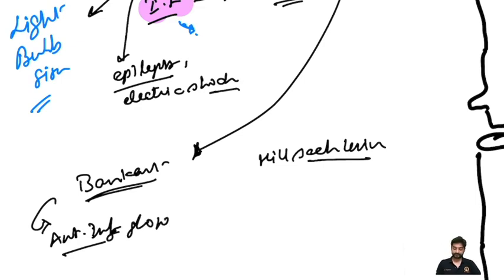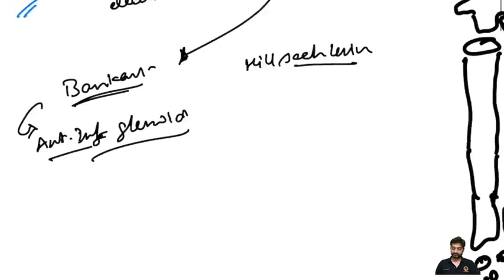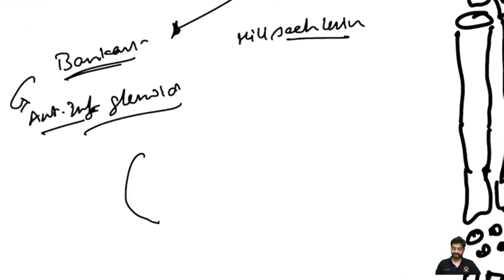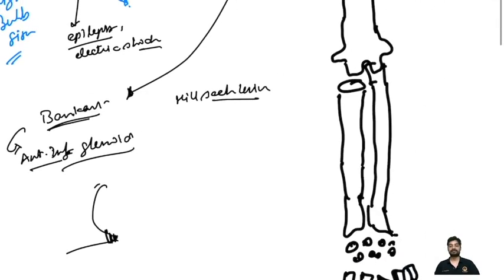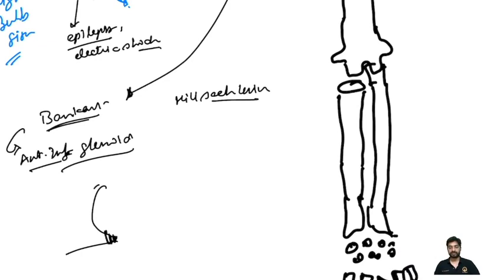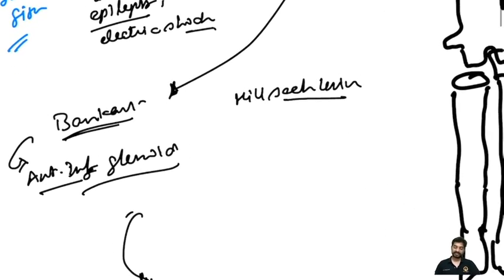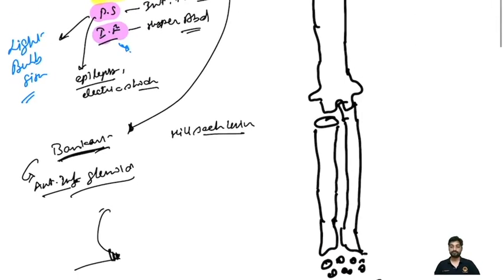If you look at this diagram, this is the glenoid, and this is the anterior inferior defect. It can be a labrum defect or a bony defect. Similarly, it can be a soft tissue Bankart or a bony Bankart.